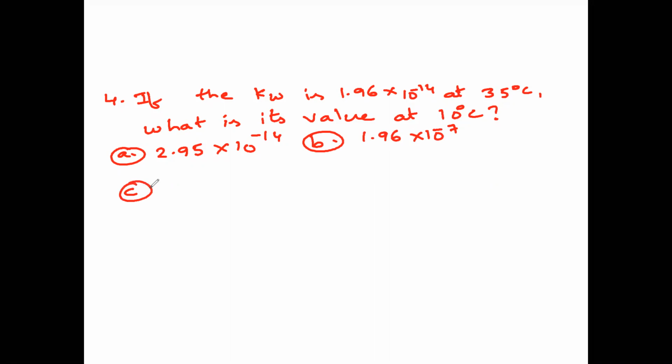Option C, 2.95 × 10 to the power of minus 15. It's just a concept-based question. You have to use the concept properly. And option D, 3.9 × 10 to the power of minus 12. Now, what is the expected answer?